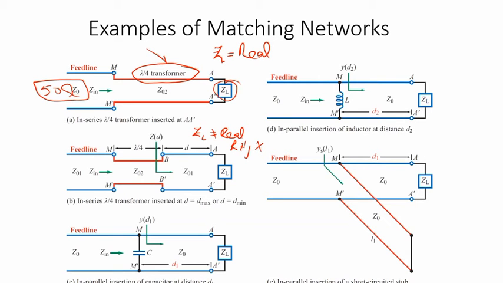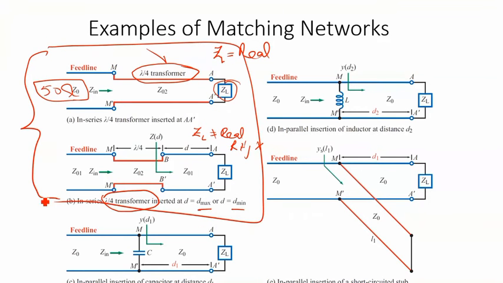Then we can also use this lambda by 4 transformer, and we will be using the d max and d minimum concept, which we will be explaining in today's lecture. ये हम किस तरह करते हैं, ठीक है जी.